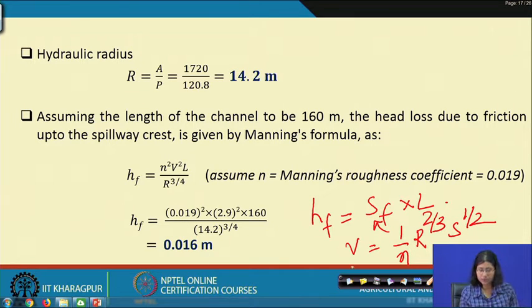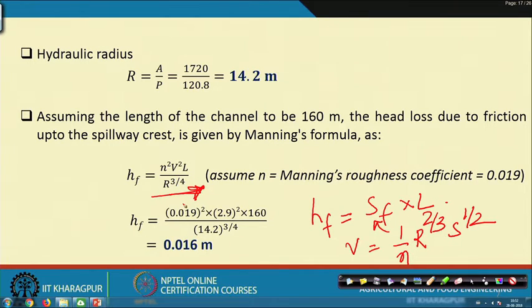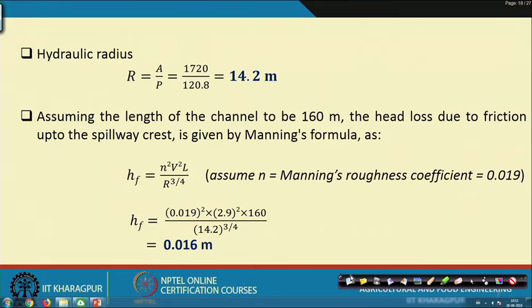After plugging this in, the equation reduces to this form, and here we calculate HF, the head loss due to friction, where we assume the Manning's roughness coefficient as 0.019, which is an approximate value for a natural bed channel.